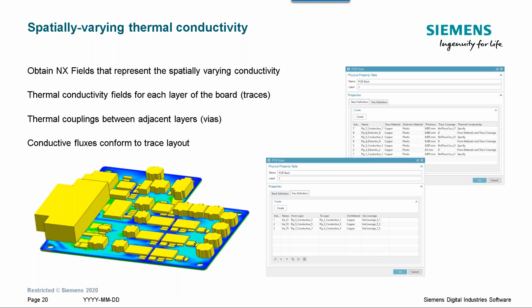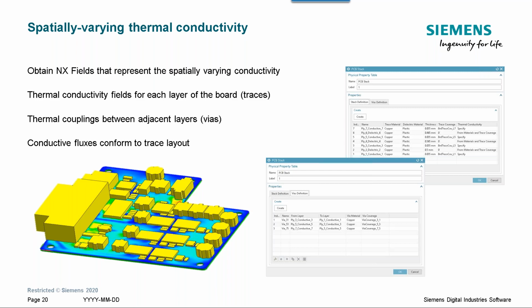So you really get, as you can see from this slide and the PCB stack object in Electronic Systems Cooling, a very precise representation of your PCB stack for your thermal simulation. And what's interesting is that you don't necessarily need to import the copper to get this. You can also read it directly from your ECAD file format to streamline and make sure that you can run your simulation faster. So this is for the PCB.